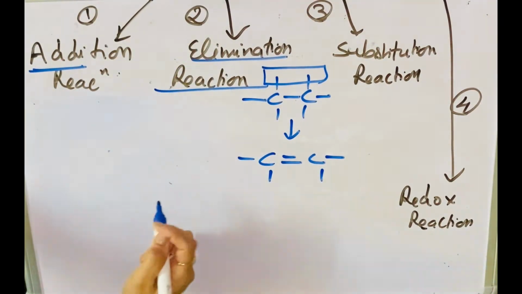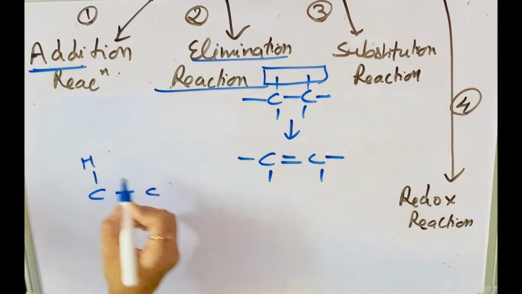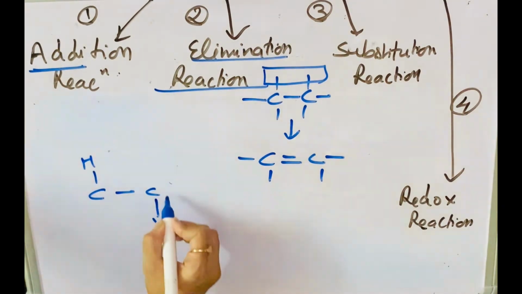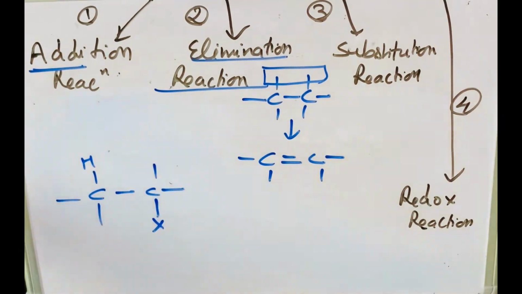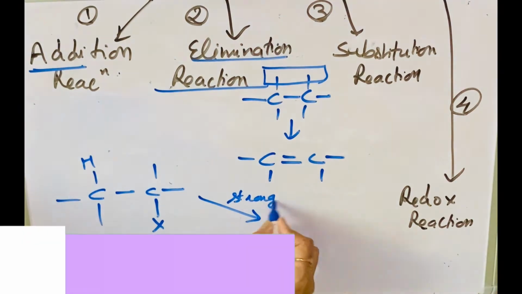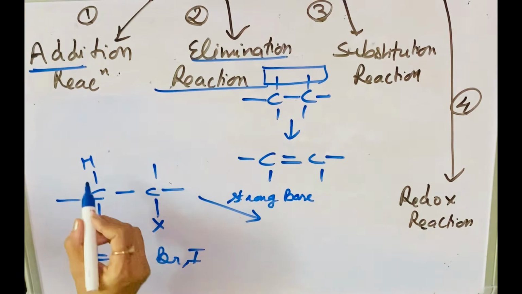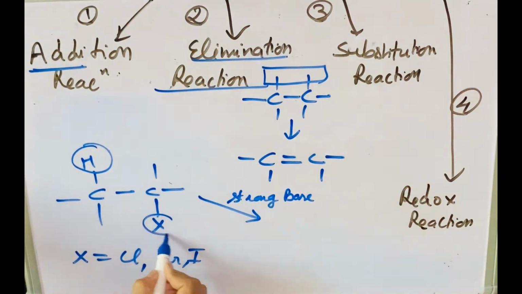Let's take the example of how it is going to work. This is a carbon-carbon single bond. On one side there is hydrogen, on the other side there is a halogen, and the rest of the atoms, since it is a saturated compound, might be hydrogen. Here this X might be either chlorine, bromine or iodine. Now when we perform this reaction in the presence of a strong base, it removes hydrogen and halogen.